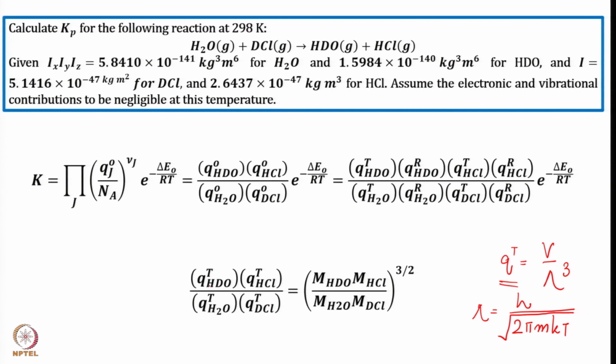So Qt, when you take the ratio, all other quantities will cancel out. What will remain is the molar masses, and they are raised to the power 3 by 2. A similar problem we have discussed earlier also, right? So we have taken care of translational. Remaining now is the rotational ratio, and also the exponential term.